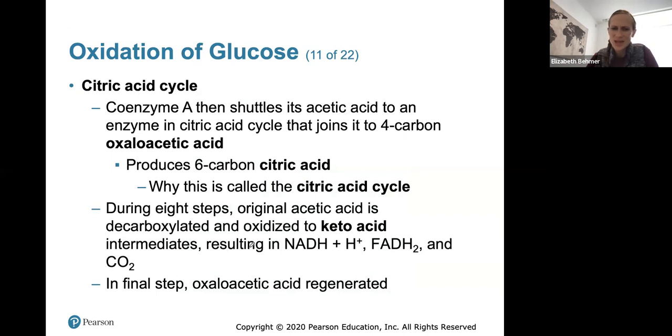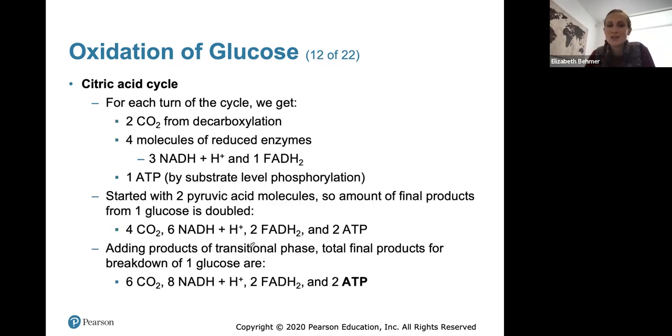So here's our citric acid cycle. It will go through this cycle. I explained this a lot in the workshop video, so I'd really encourage you to watch that workshop video. I don't ask you too many specifics about this on your exam, but just in general, you should know that the citric acid cycle basically takes acetyl-CoA and produces different carbon molecules.